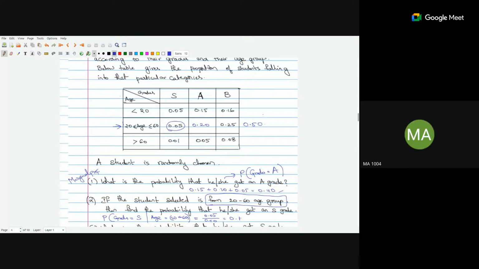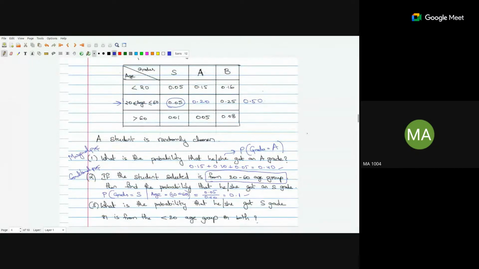Okay, that is how you should compute it, 0.1. So this is related to the conditional PMF.